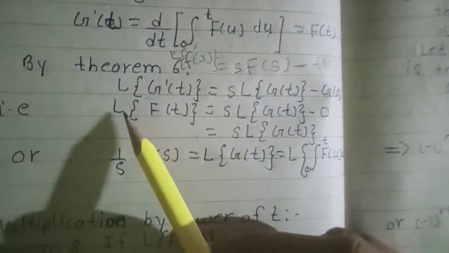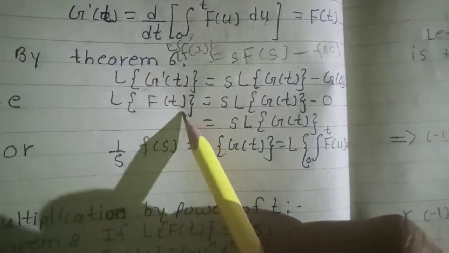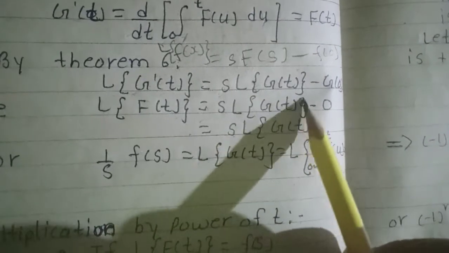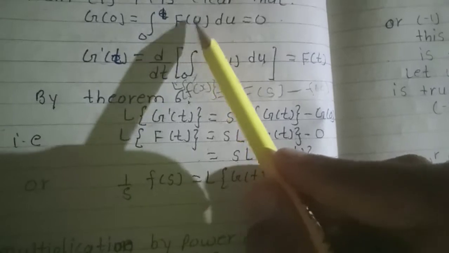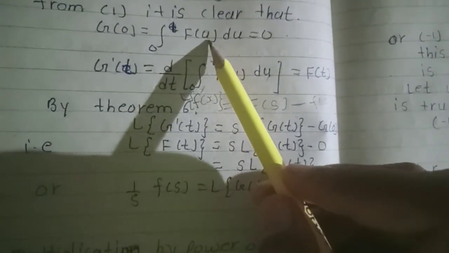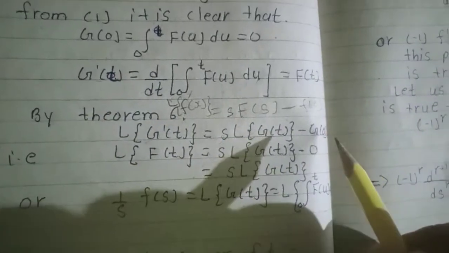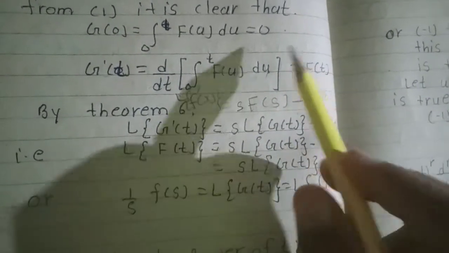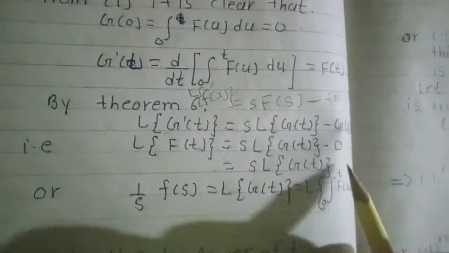So the Laplace transform of f of t is equal to s times the Laplace transform of g of t minus 0. Here f of t is g dash of t, and g of 0 is also 0.